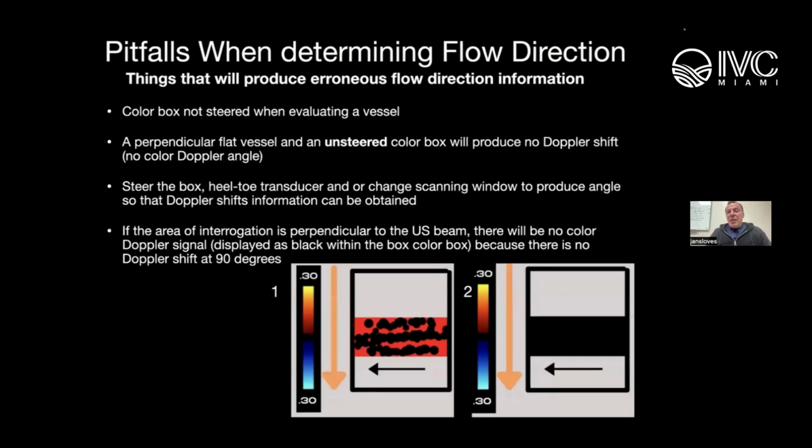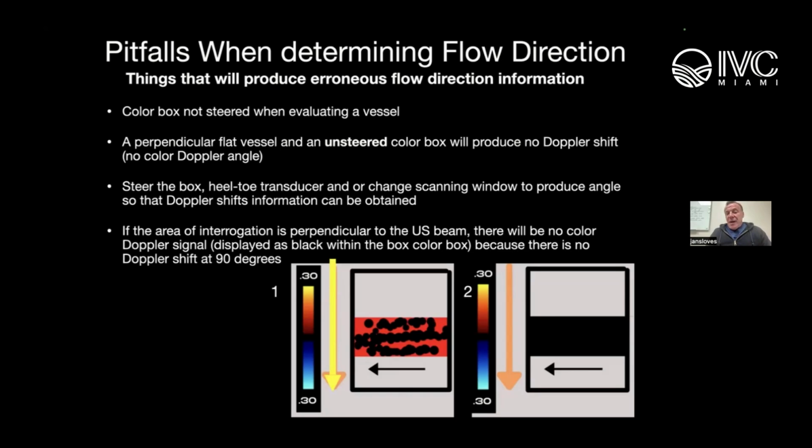So how about the color box not steered when evaluating a vessel that's flat and perpendicular? An unsteered color box will produce no Doppler shift, no color Doppler angle. Here we can see the beam, and now we have a longitudinal vessel going through a straight box. This is where you can start to have some error.